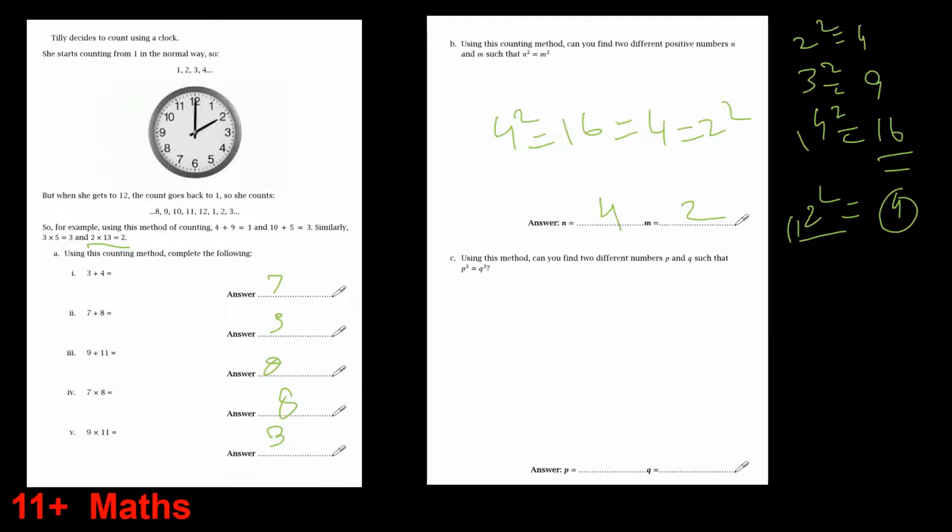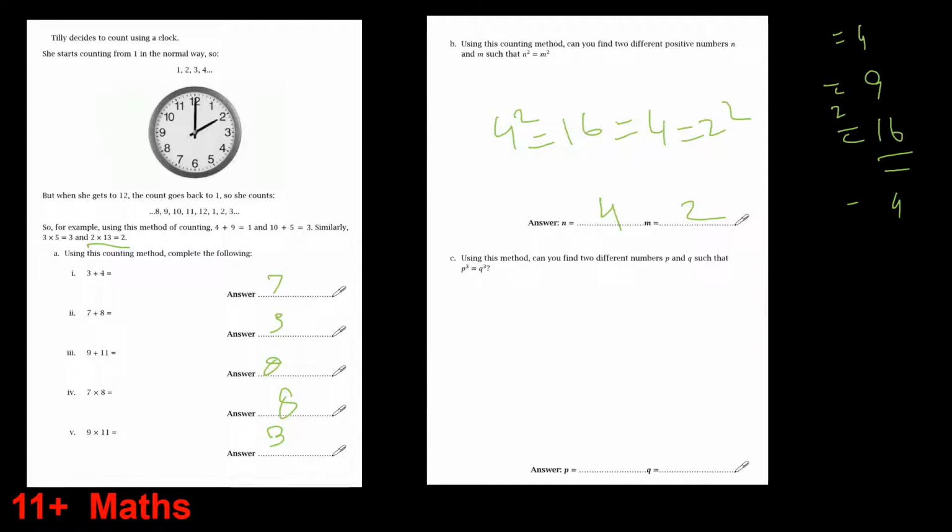Using this method, can you find two different numbers, p and q, such that p cubed equals q cubed?